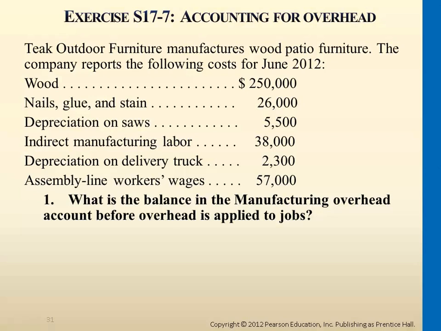Depreciation on saws. Depreciation is also a manufacturing overhead cost, indirect cost. Remember, depreciation, utility, rental, property taxes. Indirect manufacturing labor. Very obvious, it already has the term indirect in it.